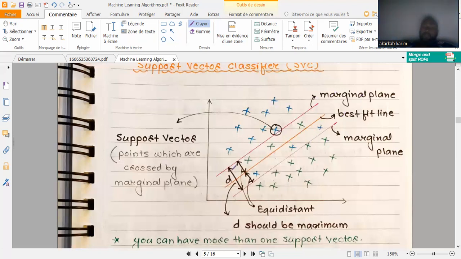The substance of this idea is to maximize this distance. The distance should be the same between the marginal plane and the line, both below and above the best-fit line. The idea is to maximize this distance.